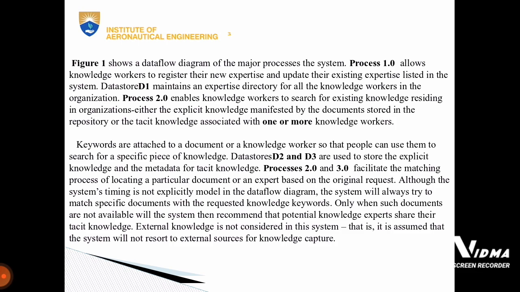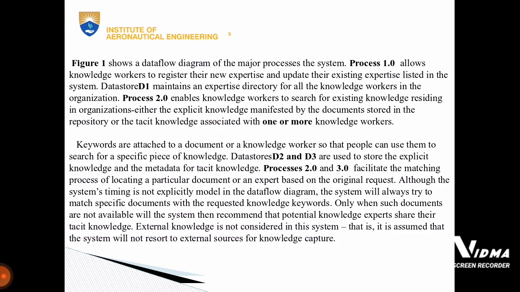Process 2 enables knowledge workers to search for existing knowledge residing in the organization, either the explicit knowledge manifested by documents stored in the repository, or the tacit knowledge associated with one or more knowledge workers. Keywords are attached to a document or to knowledge workers so that people can use them to search for a specific piece of knowledge.